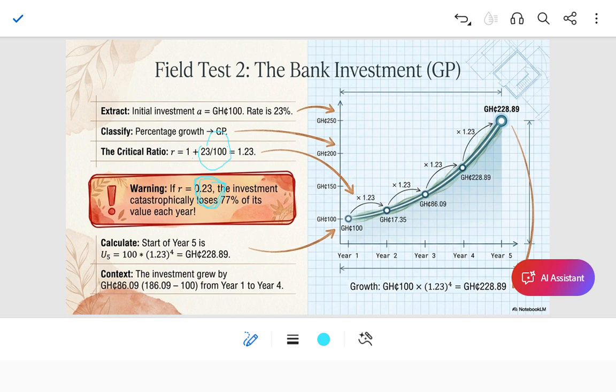So calculate the state of year 5. You can easily do that. For year 5, we have our R, the common ratio, and our initial number, that is the first term.